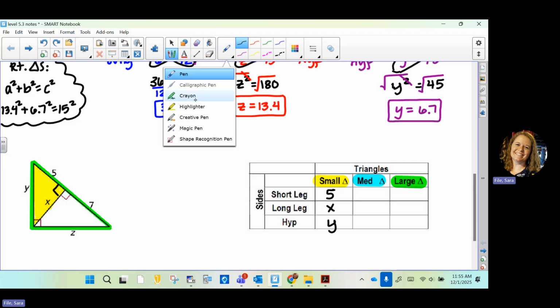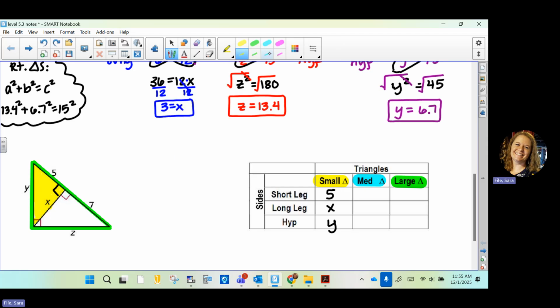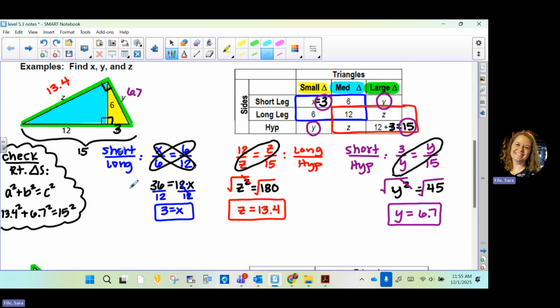Then in the medium triangle over here, the longer piece, the 7 was longer than the 5, right? So this is larger than the yellow triangle. Look over here again.